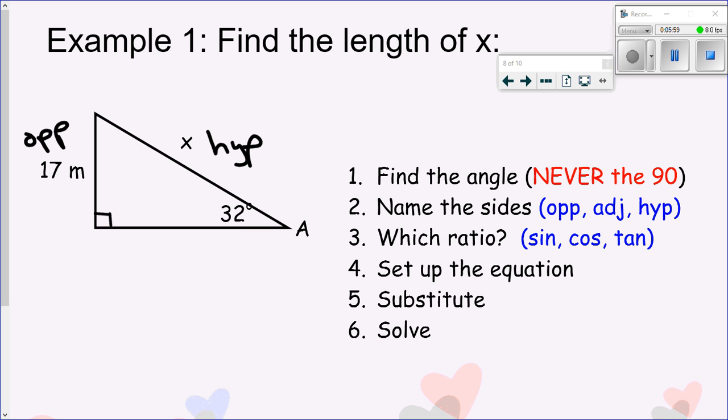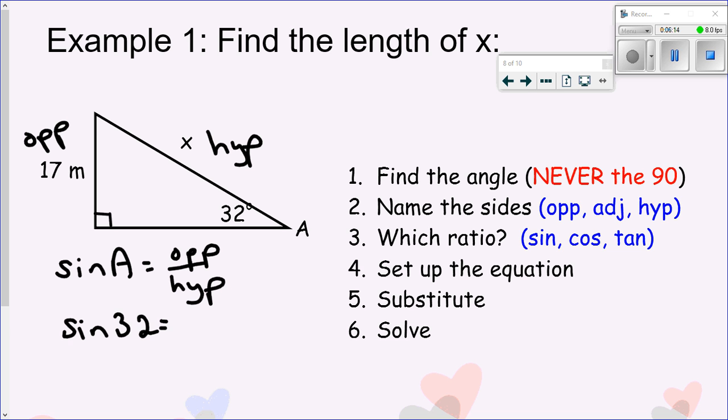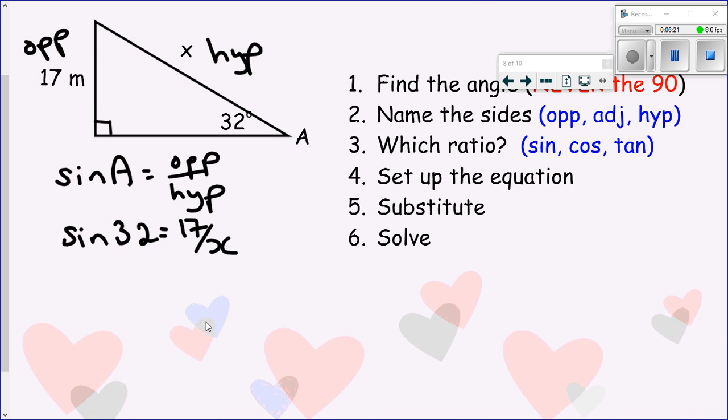So thinking back to our trig ratios, opposite over hypotenuse is sine of A. Now remember, for division, order matters.